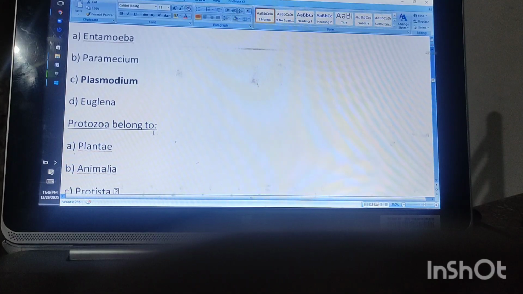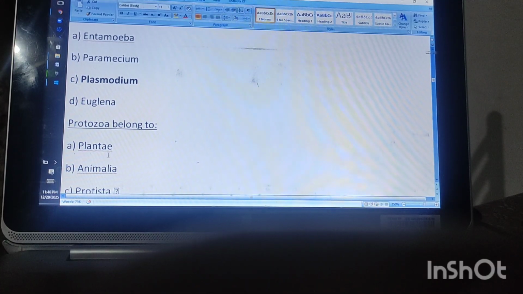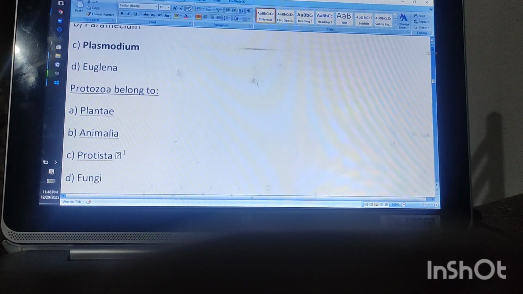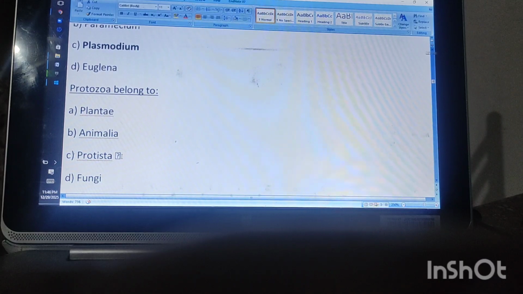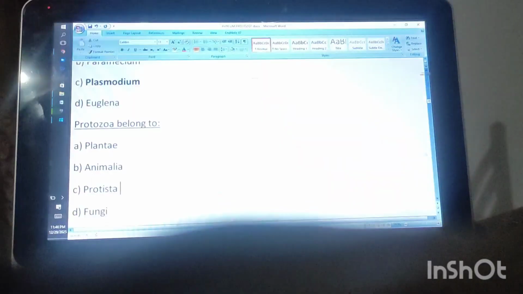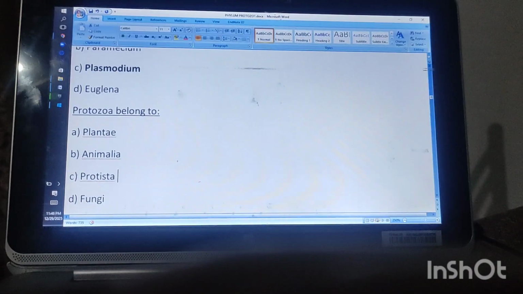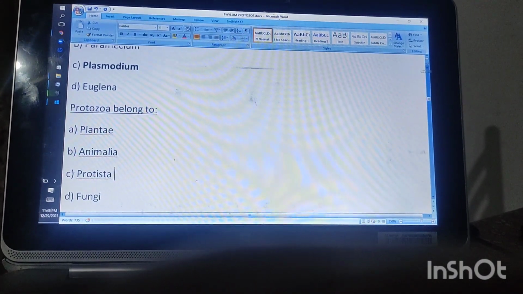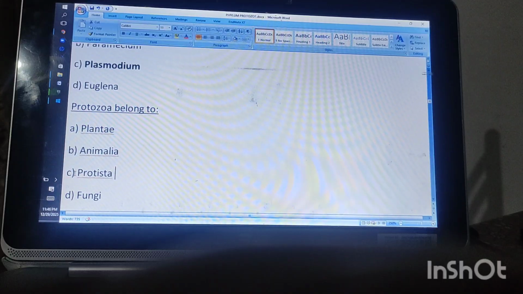Protozoa belongs to Plantae, Animalia, Protista, and then we have fungi. Correct one is Protista.